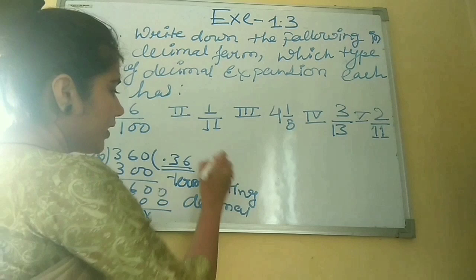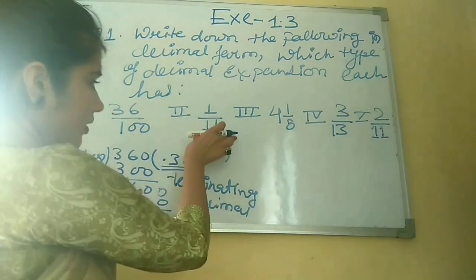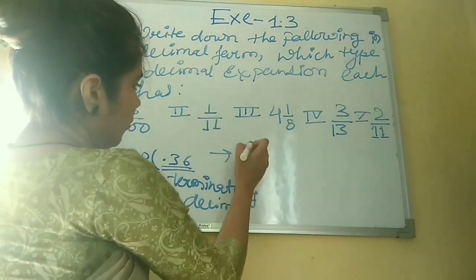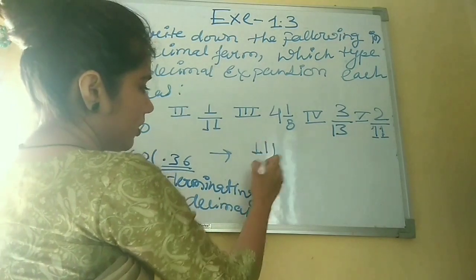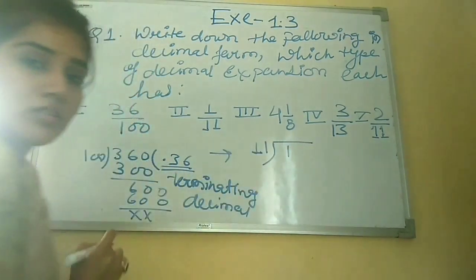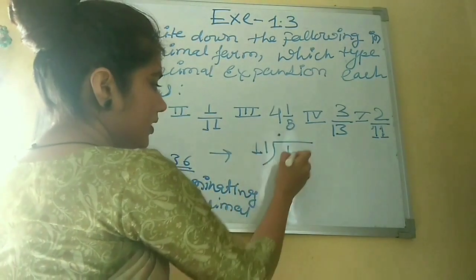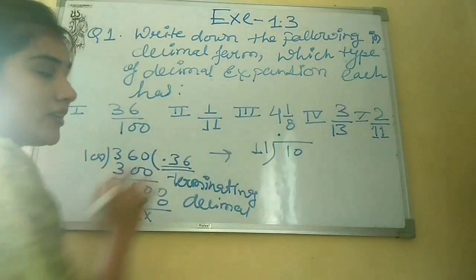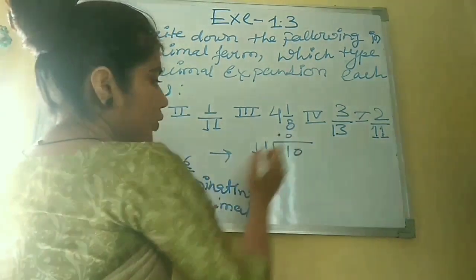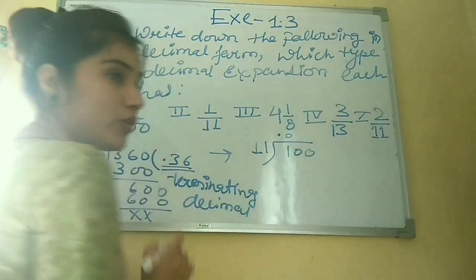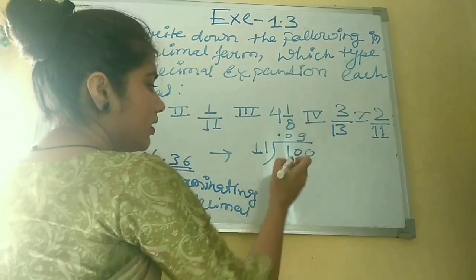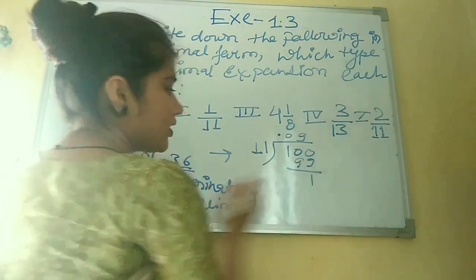Okay. Now next question. Suppose 1 by 11. 1 is less than 11, so we will put a point here, add a 0. 10 is again less than 11, we will put 0 here and add one more 0 here. 11 nines are 99. What we will get? 1.